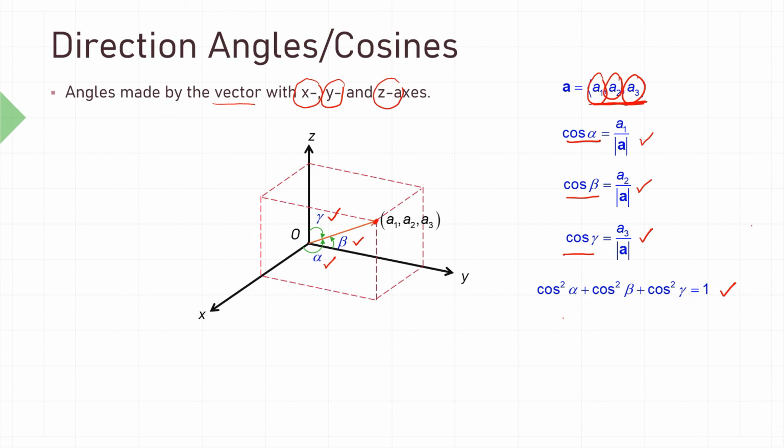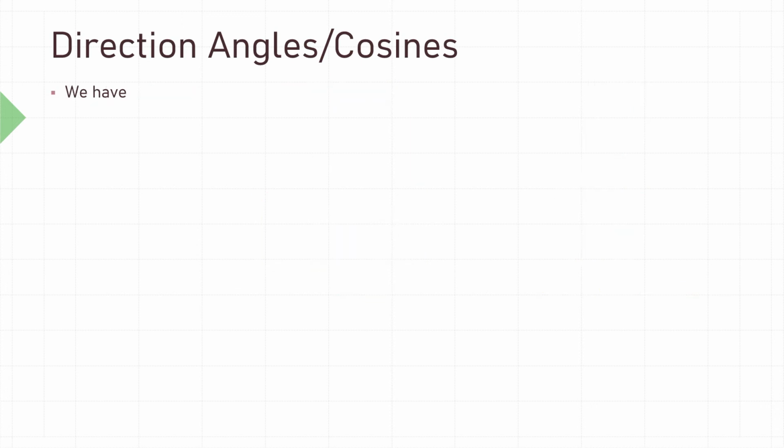Alright, so if the question asks you to find the directional cosine, meaning to say that you have to find cos alpha, cos beta, cos gamma. But if the question asks you to find the directional angles, you just need to find the cos inverse here, meaning to say you have to find alpha, beta and gamma by taking the cos inverse to the right side of the equation. Now we have cos alpha given by this, cos beta given by this, and cos gamma given by this equation.